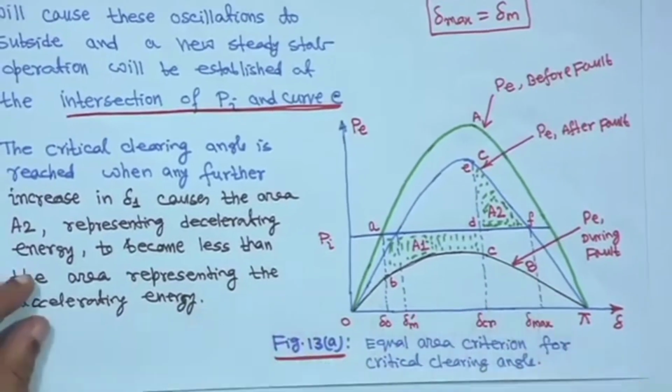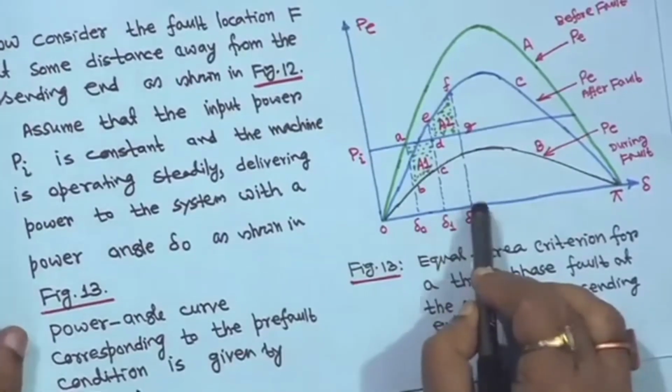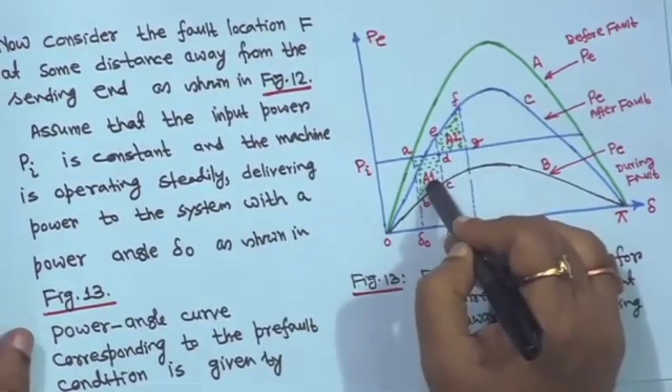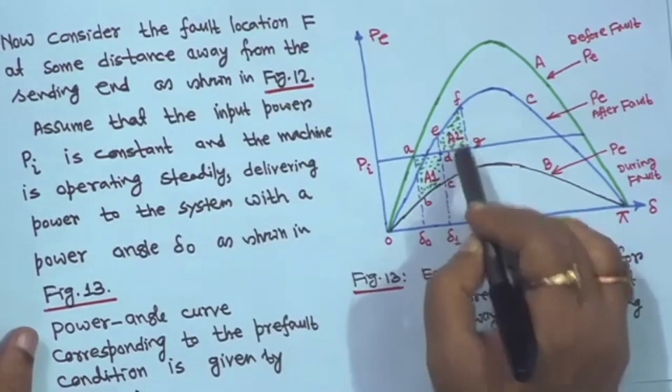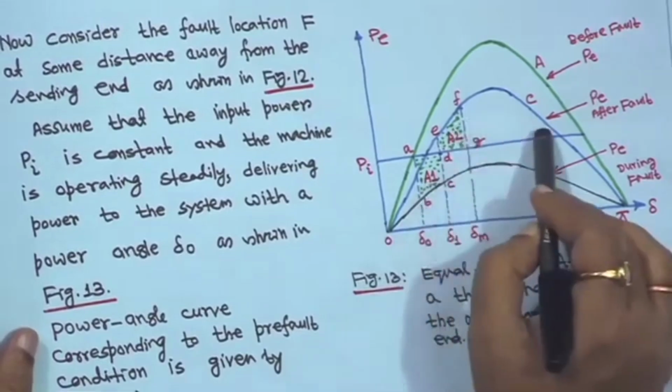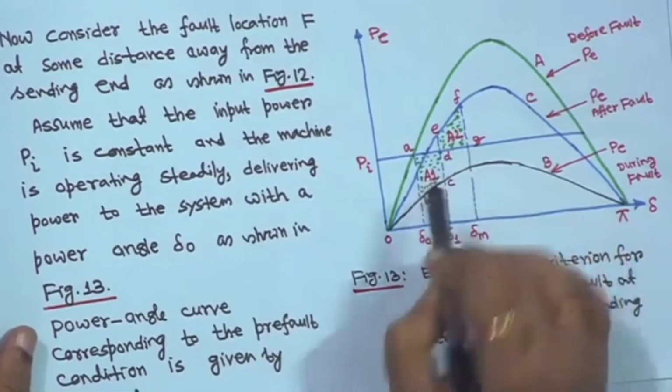If you increase delta 1 in this curve, area A1 will increase, so A2 will decrease, the decelerating energy will decrease. Finally it will go to a point where A2 will be equal to A1.